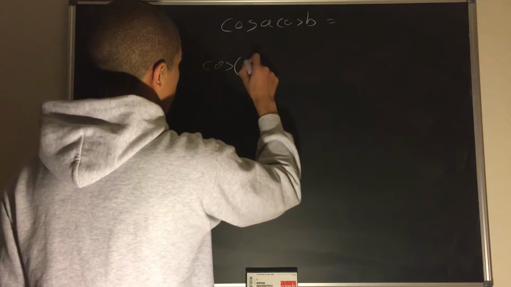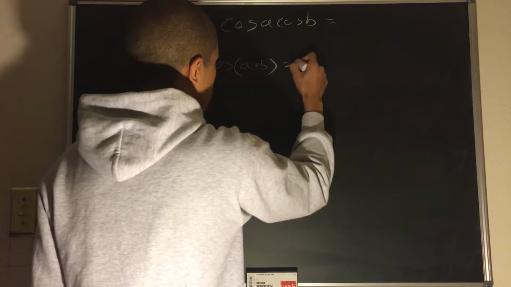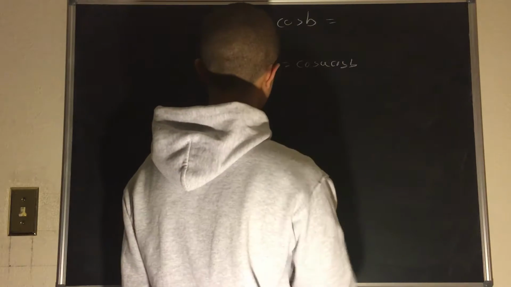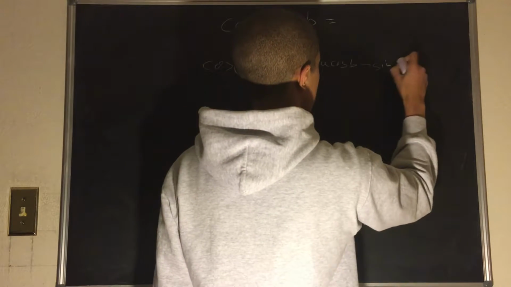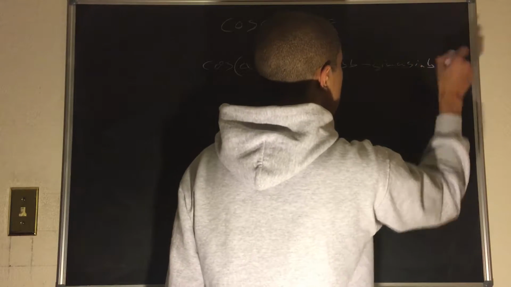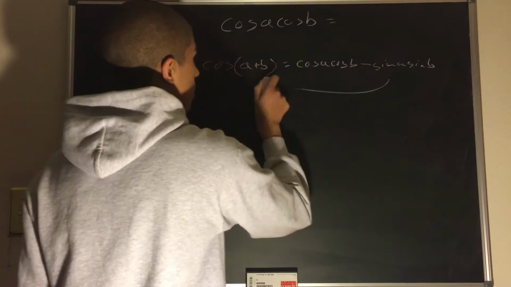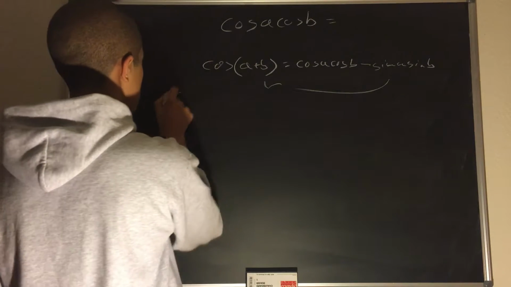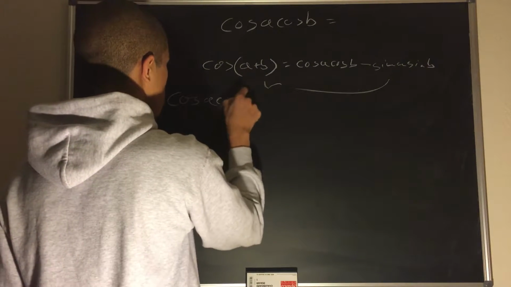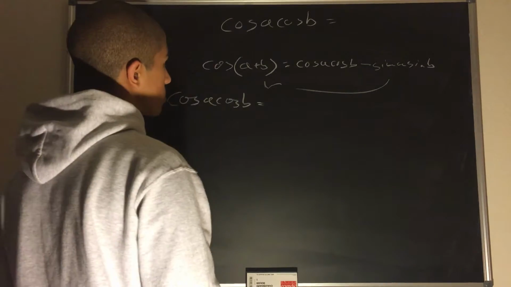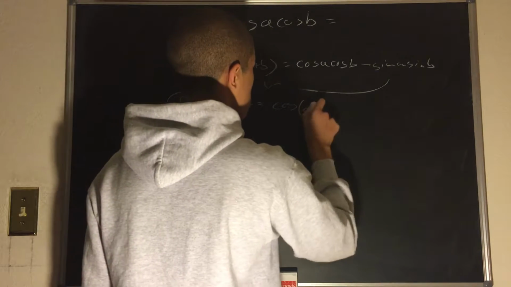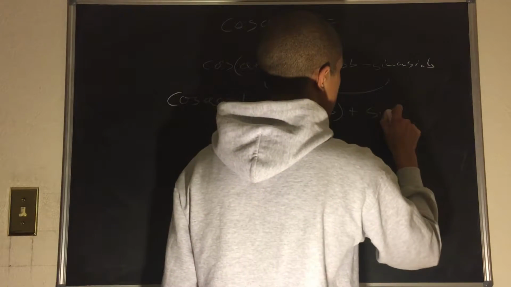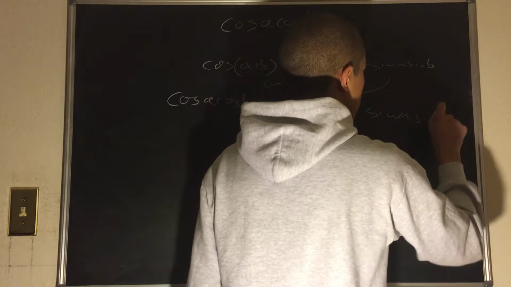It is cosine of A plus B is equal to cos A cos B minus sin A sin B. So we can add this term here, and we get cos A cos B is equal to cos of A plus B plus sin A sin B.